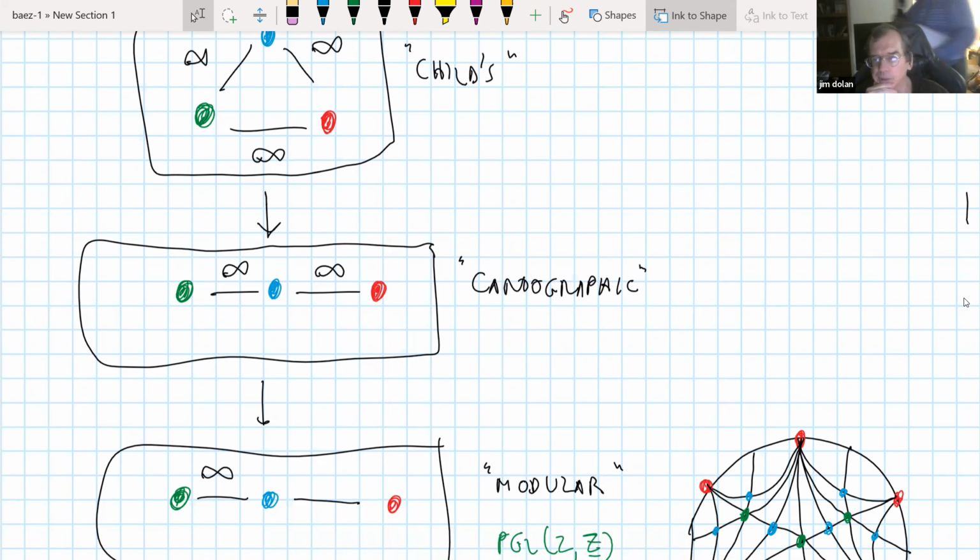I have no strong intuition for whether the cartographic one is, so don't trust me on that. For all I know, maybe the cartographic one is paracompact. But I thought something funny happens when you try to draw the universal cartographic thing. But I honestly don't know.